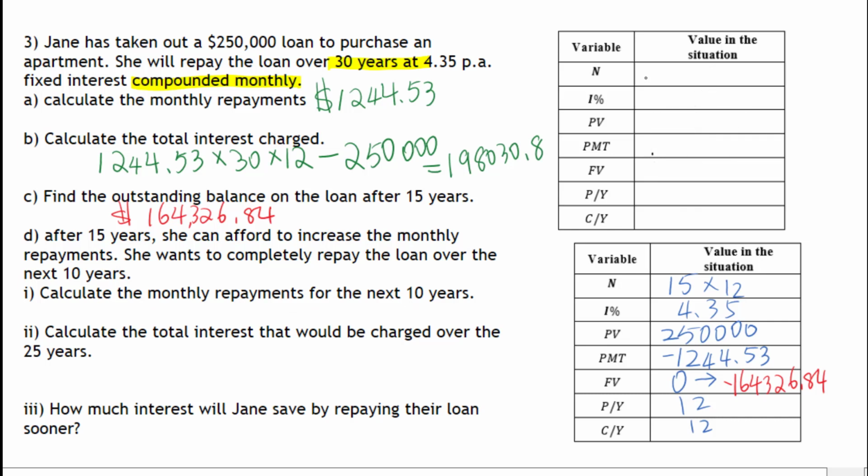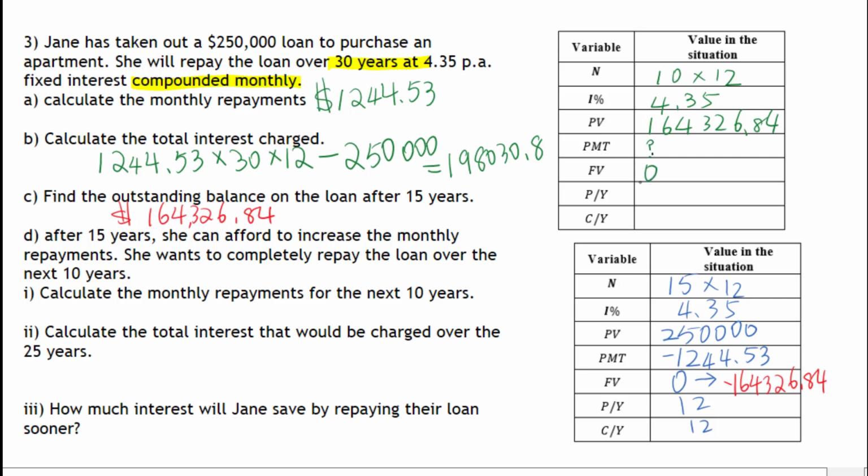So for this capital N will be 10 times 12. The rate is the same, 4.35. Present value this time will be the outstanding value, 164,326.84. Payment is something we are looking for.